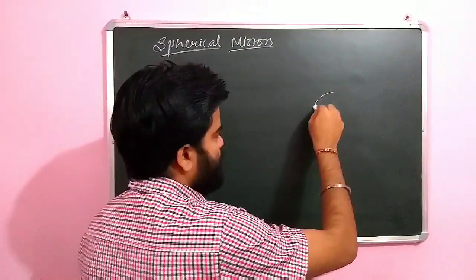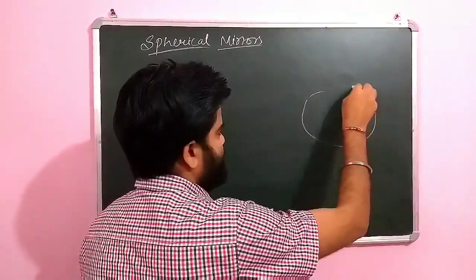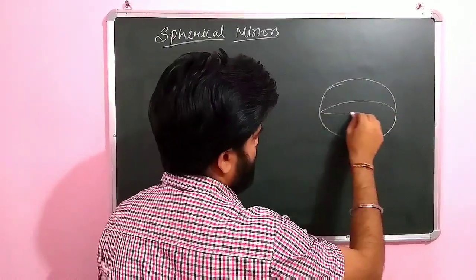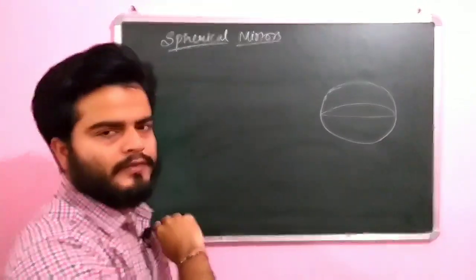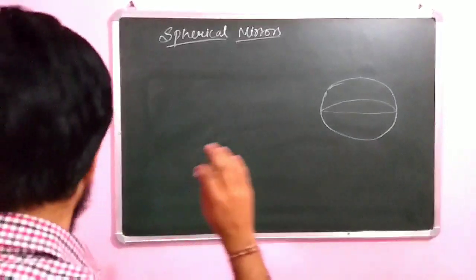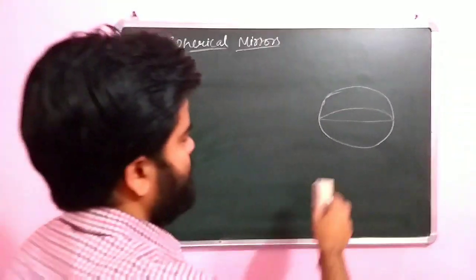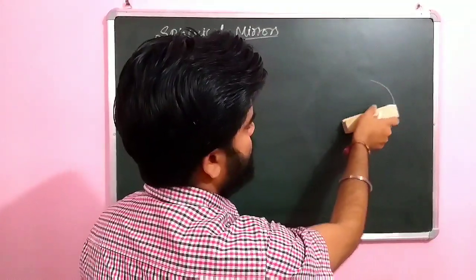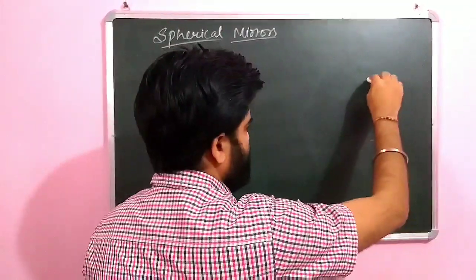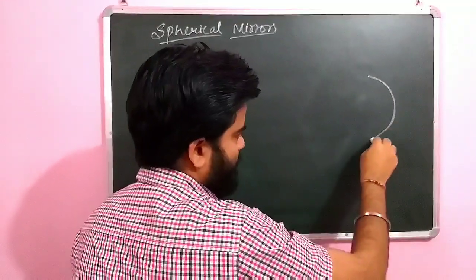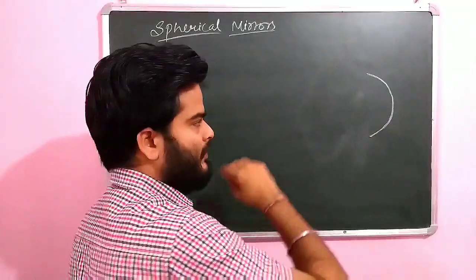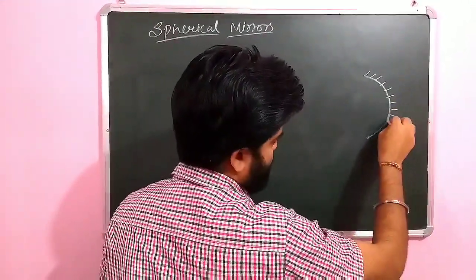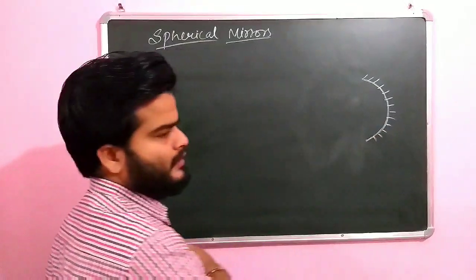All of you know, let's say this is a sphere. If I rub this surface, it becomes a mirror if I polish its one surface.